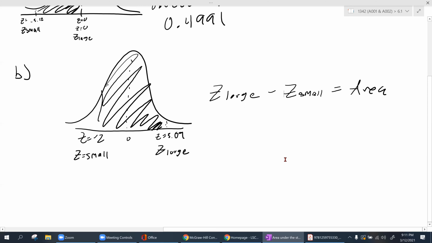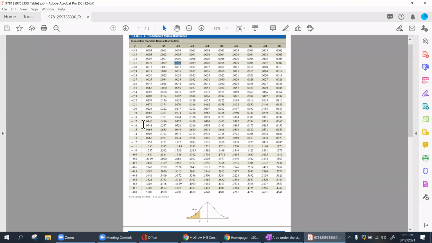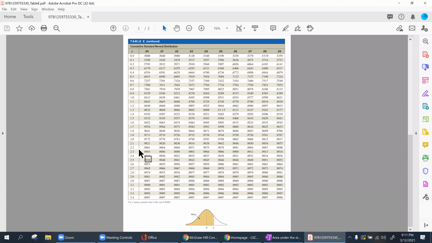So let's find z large. What is the z score for z large? I got 3.09. Let's look it up on the chart, and please print this out. 3.0 with 9, making sure we're on the right row, is 0.9990.